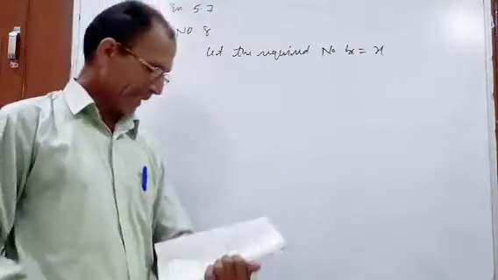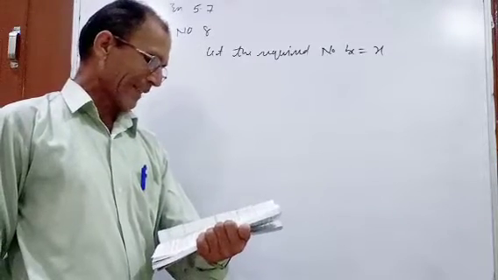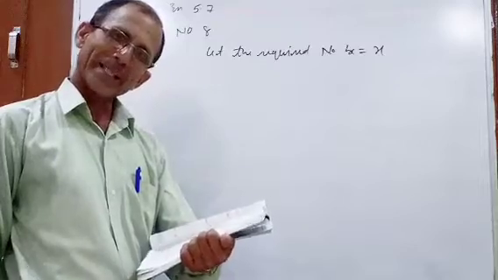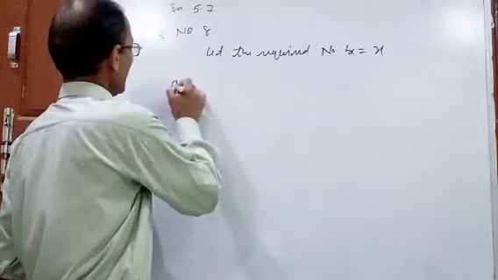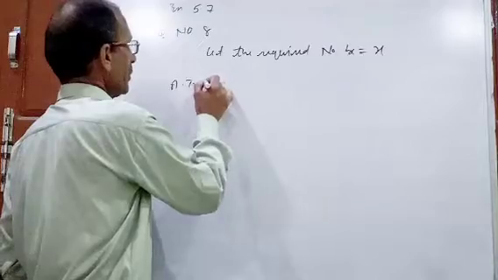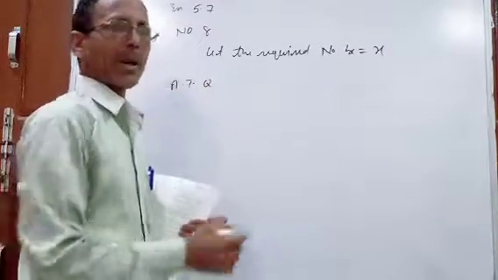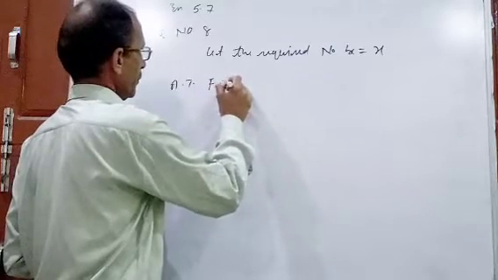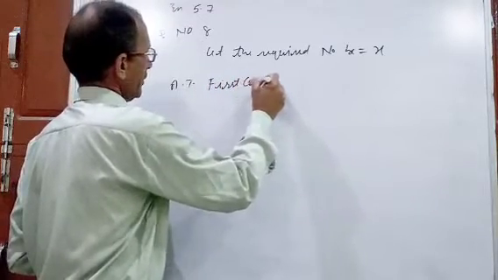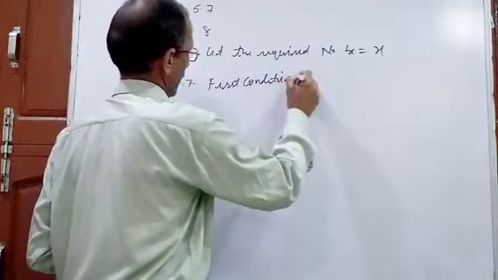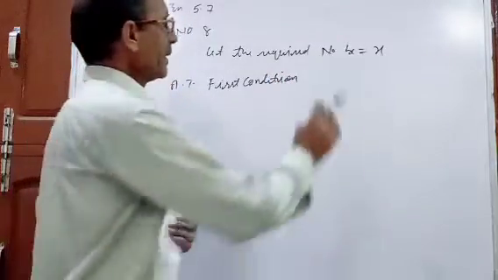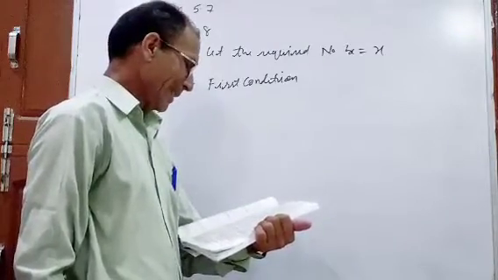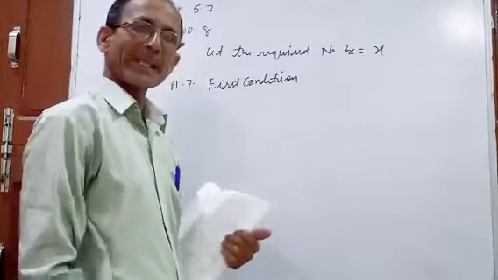What is the first condition? 4 times a certain number is as much less than 60. According to the first condition, what is the first condition? 4 times a certain number is less than 60.